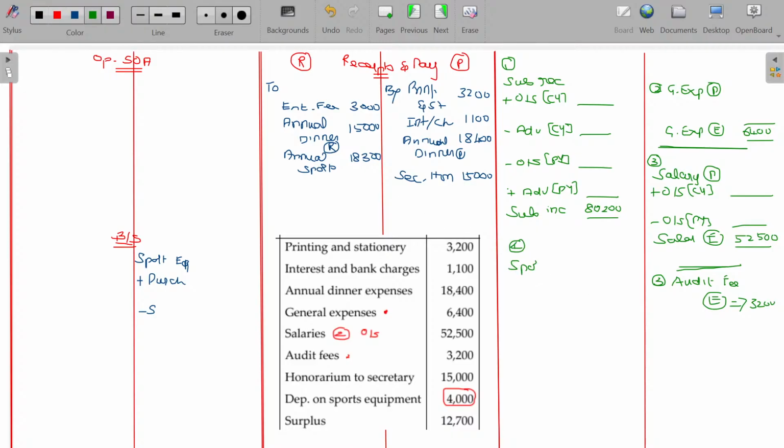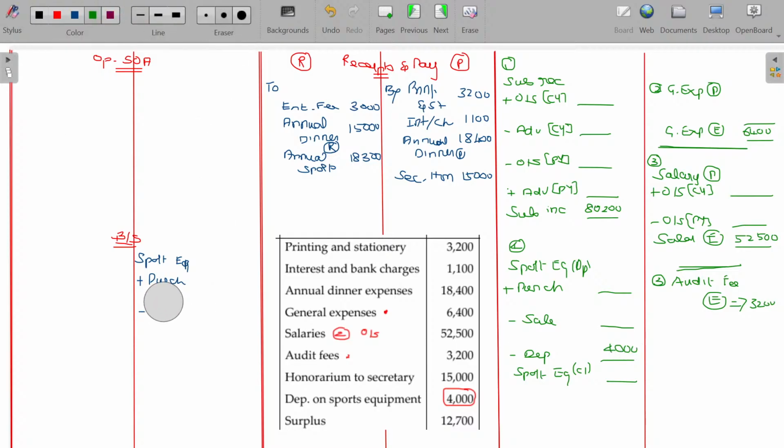Sports equipment opening value, add newly purchased sports equipment, minus sale of sports equipment if any in that year, minus depreciation of this equipment in this year. Finally, you will get the sports equipment balance for the year-end closing. Is that okay? Here we have been given the sports equipment depreciation being 4,000, the current year depreciation.